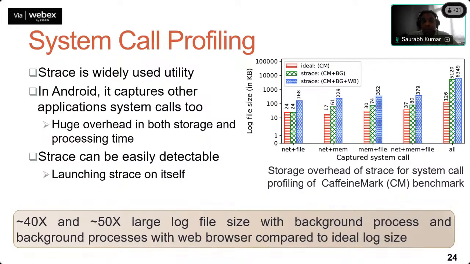Now just think: malware can also monitor itself by using this strace system utility. In that case, if our analysis framework is applied on this application, our strace will fail.